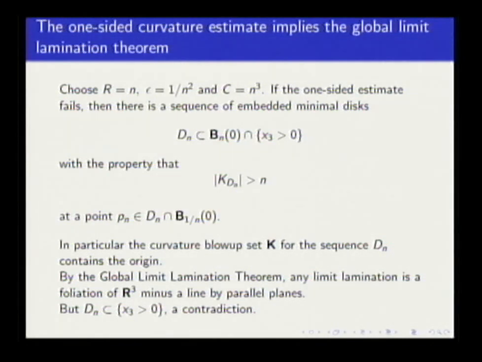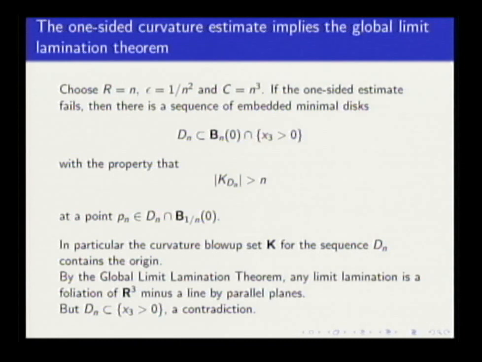So at a point p in this ball of radius 1 over n, I have big curvature. Okay? So now this is going to be my sequence of embedded minimal disks. I take a subsequence, and I notice that near the origin, I always have points where the curvature is as big as I want. So the curvature blow-up set at least contains the origin.